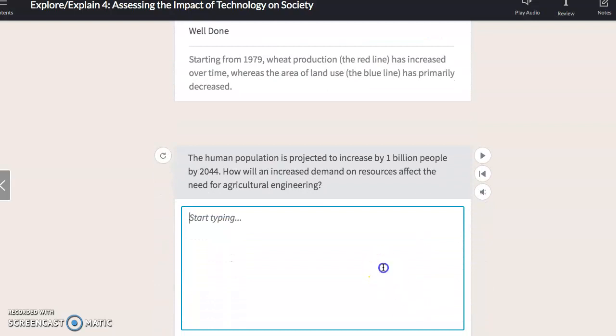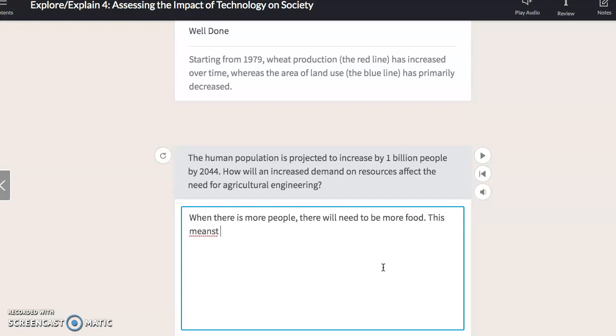Human population is going to increase heavily by 2044. How will that affect the need for new technology in agriculture? When there are more people, there will need to be more food.